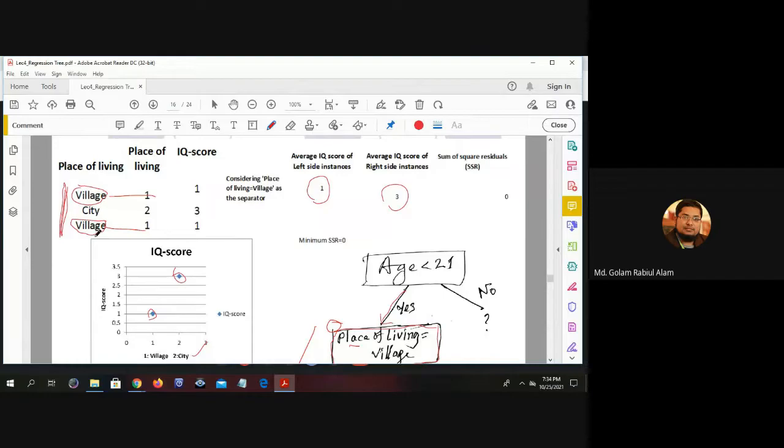So again, 2 instances on the left side and 1 instance on the right side. So this separator will separate out this data. Though it has just 3 instances, on the left side we have 2 instances, which are village, and on the right side we have just 1 instance.